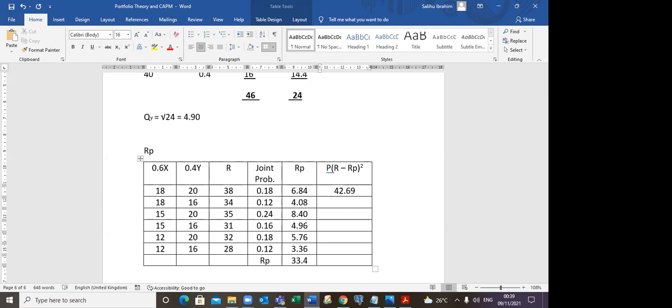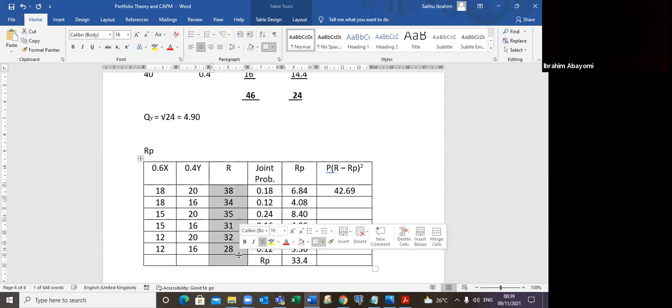Excuse me, sir. Is it not this R we're taking? That is 38. 38 minus 33.4 square.